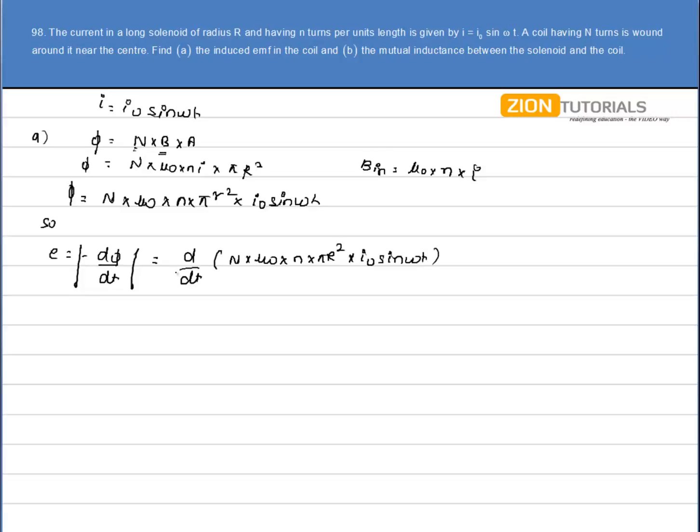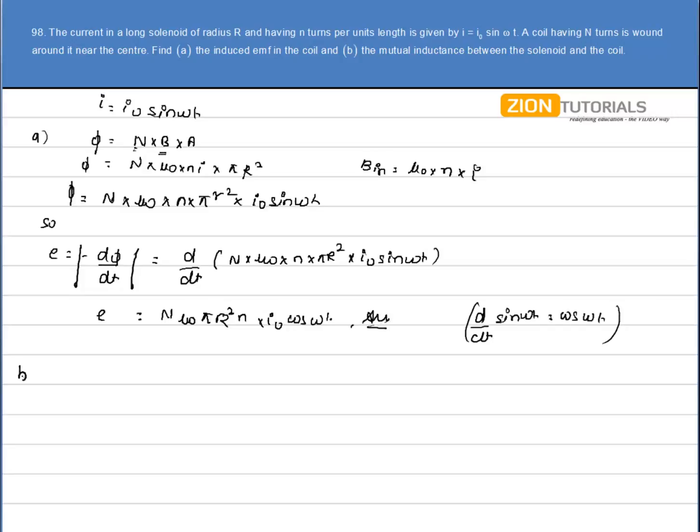Now on differentiating, d by dt of sine omega t is cos omega t. So EMF comes out to be N times mu naught into pi r square into n into I naught cos of omega t. That is the answer for the first part.